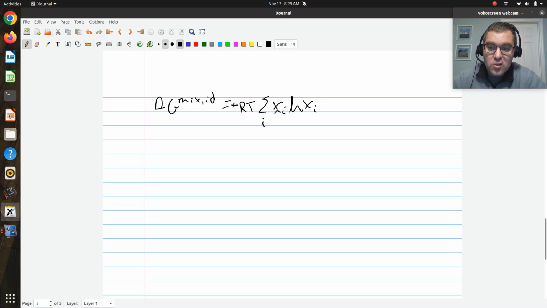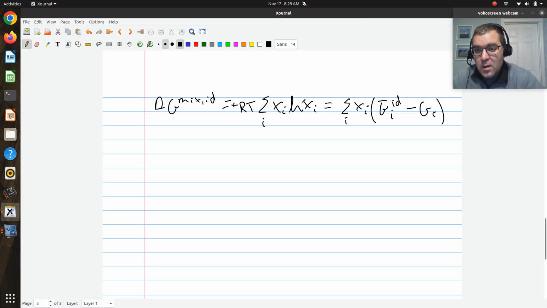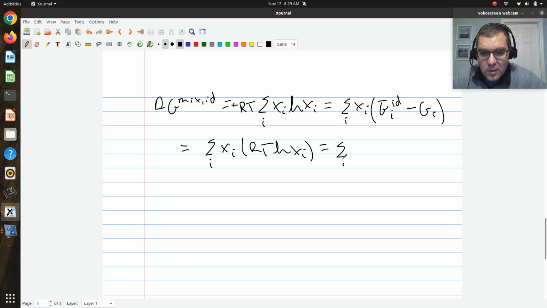RT has the same units as G. Okay, and that must be consistent with our general definition, and so that's going to be sum over I, Xi, and write G bar I, ideal solution, minus GI. Okay. All right, so then just like entropy, RT is constant. I'm mixing at constant temperature and pressure, so I could bring this into the sum. So this is equivalent to sum over I, Xi times RT log Xi, and that needs to be equivalent to sum over I, Xi, G bar I ideal minus GI.